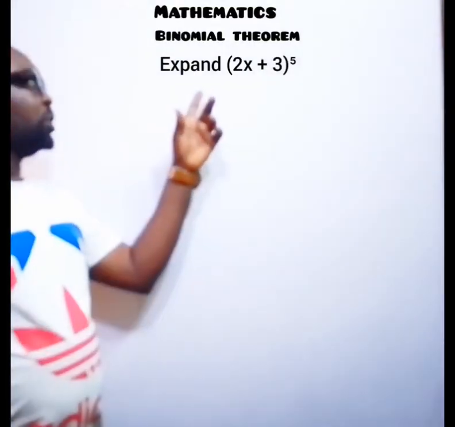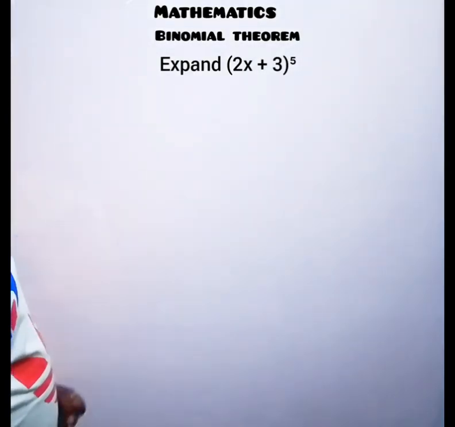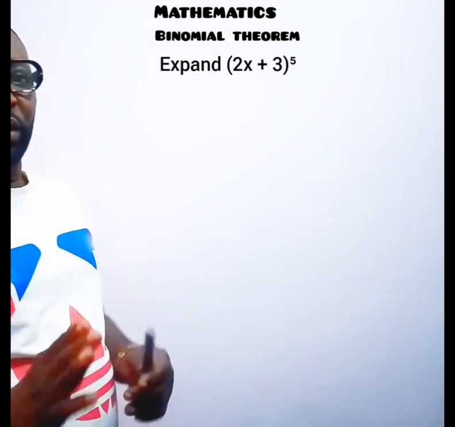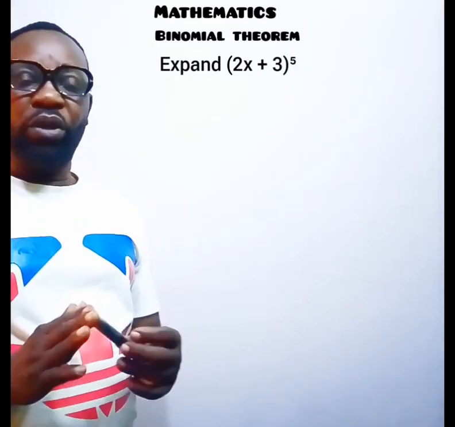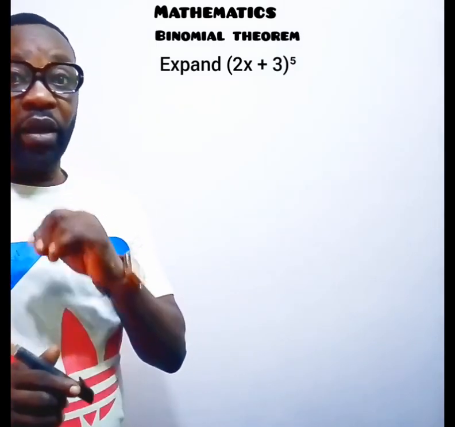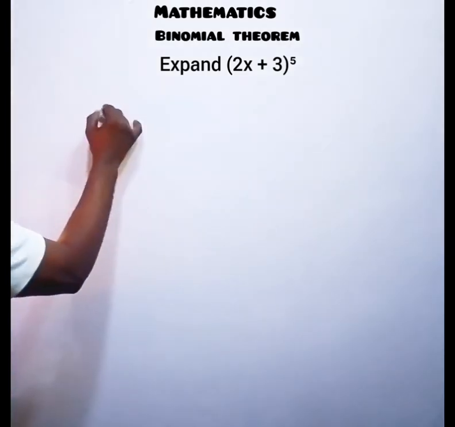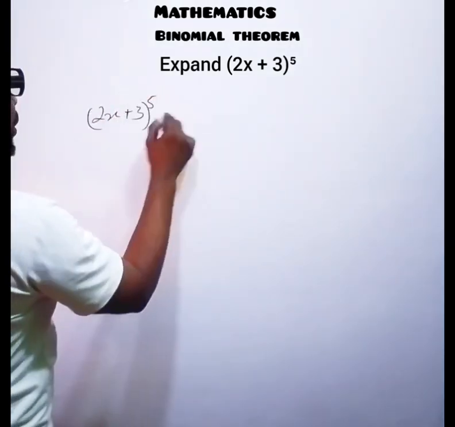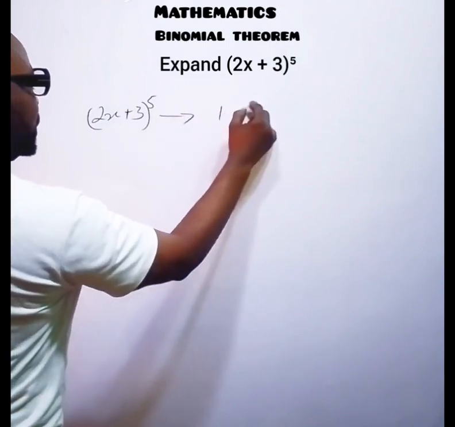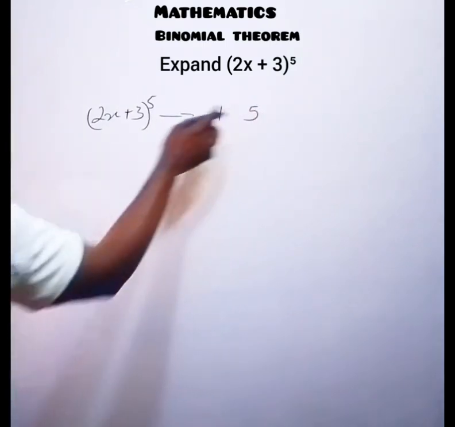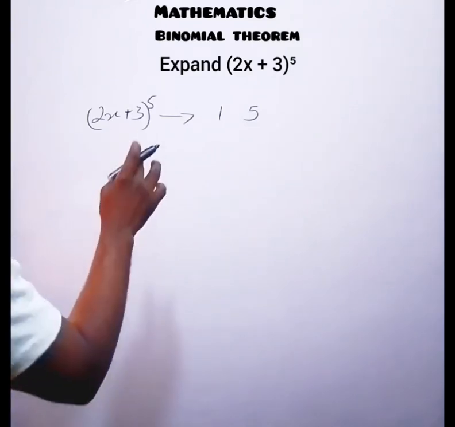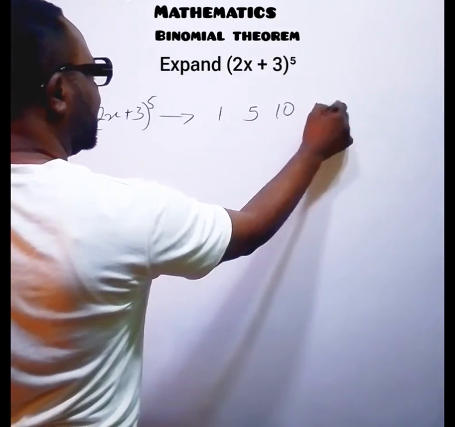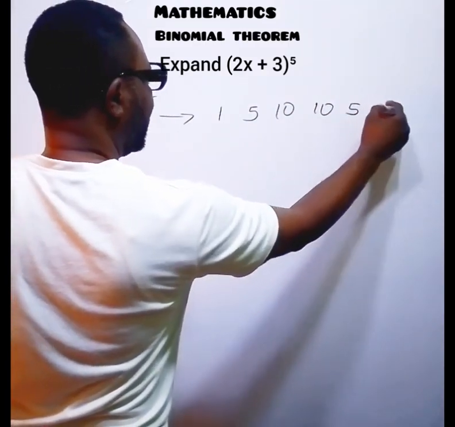We have this question here that asks us to expand (2x + 3) raised to the power of 5. Now, for this kind of question, the first thing we need to take note of is the coefficients. The coefficients of (2x + 3) raised to the power of 5 are 1, 5, 10, 10, 5, 1.